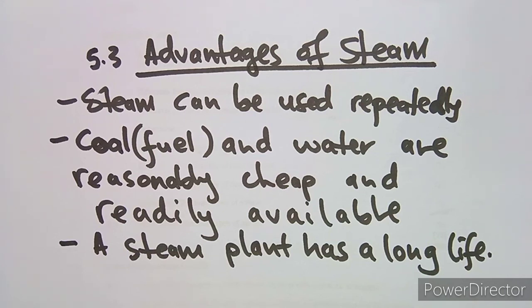It evaporates, goes back to water, and you use it again. Then coal, which is the fuel, and water are reasonably cheap and readily available. And the steam plant has a long life. Once the plant is there, it takes a lot of time for any faults to happen, so it has a long life.